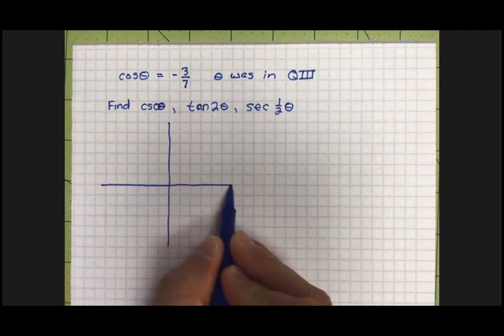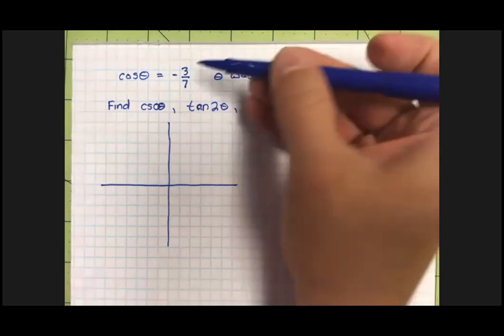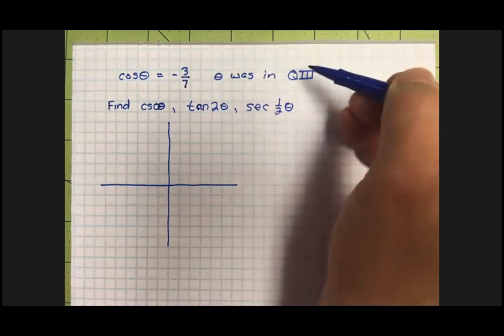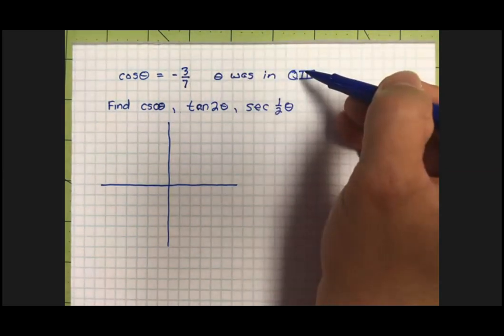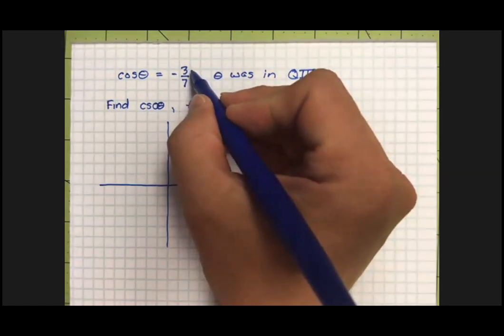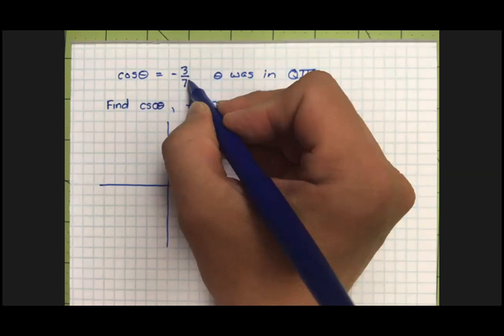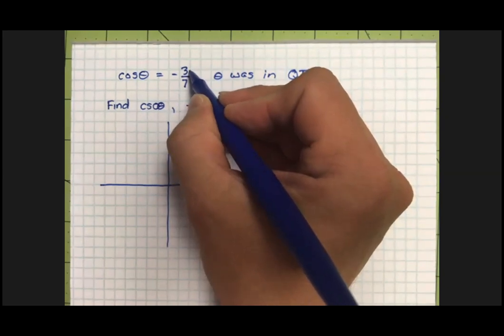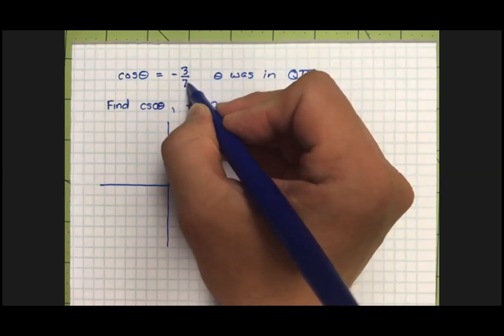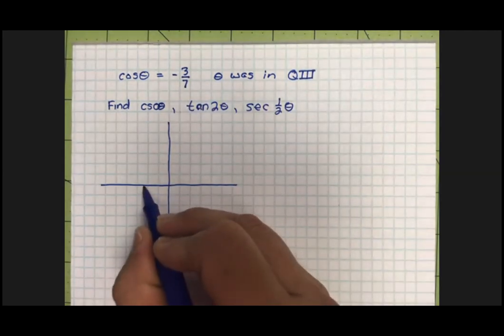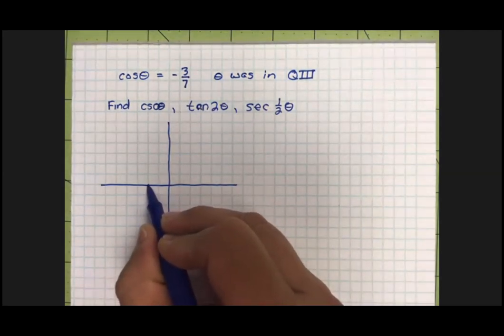Doesn't have to be a perfect drawing, but make it a fair drawing. Cosine is -3/7, and theta is in quadrant 3. Now the cosine is the x value over the r value. So this x value is a little bit less than half of the radius. So let me try to draw something that looks like it's following that.